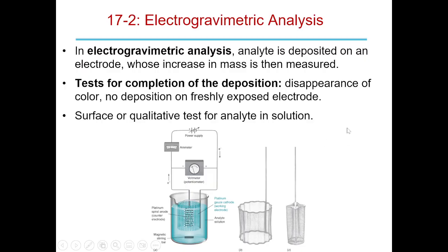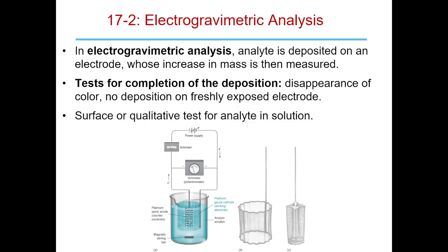So in electrogravimetric analysis, analyte is going to be deposited on an electrode whose increase in mass is then measured. So you'd measure the electrode, you'd do a redox reaction where it plates out on the electrode, and then you measure the electrode again. That difference in weight would then be the amount plated on, right?